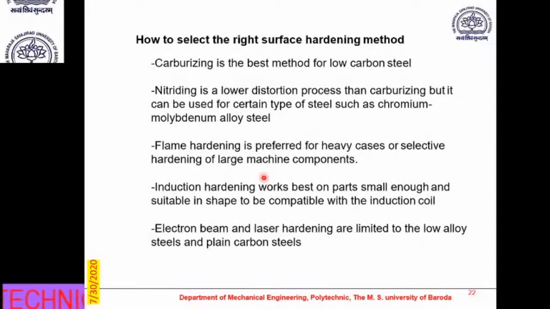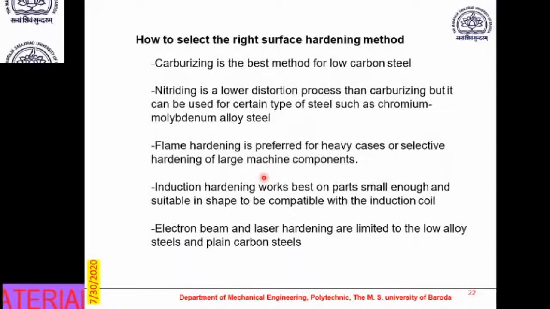So how do you select the right surface hardening method? Carburizing is the best method for low carbon steels. Nitriding is a lower distortion process than carburizing, but it can be used only for certain types of steels such as chromium-moly alloy steels.